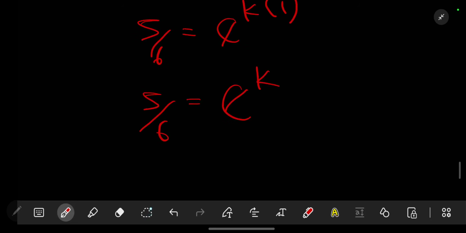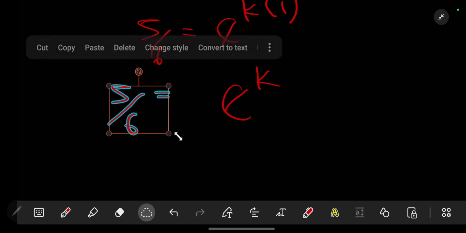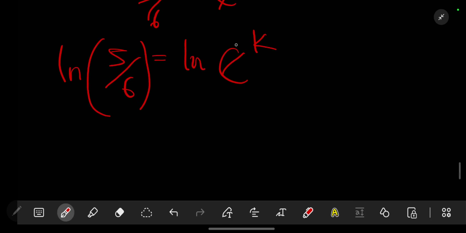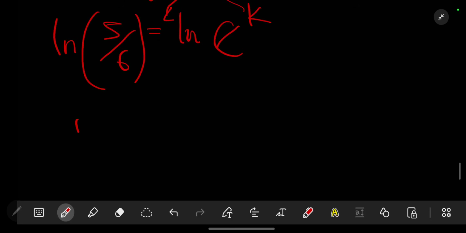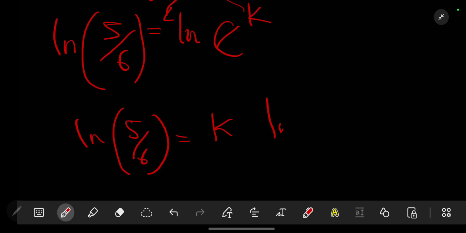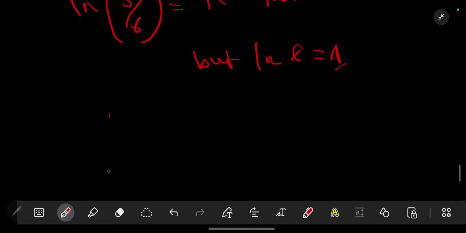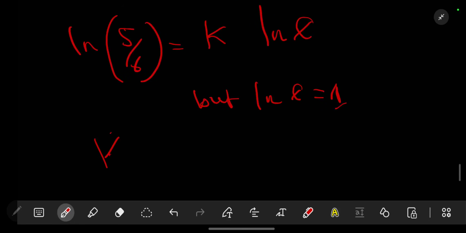We introduce the ln here, so that k will drop down. We have ln of 5 over 6 equal to k times ln of e, and we know ln of e is equal to 1. So our k value is the ln of 5 over 6.